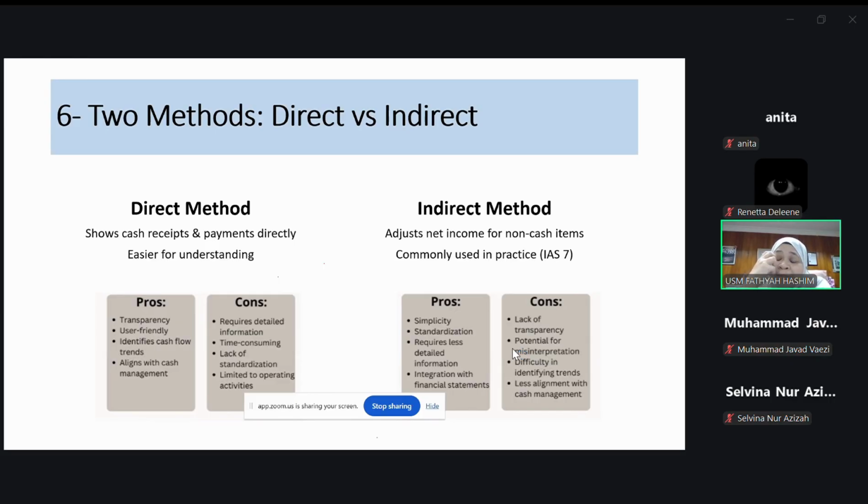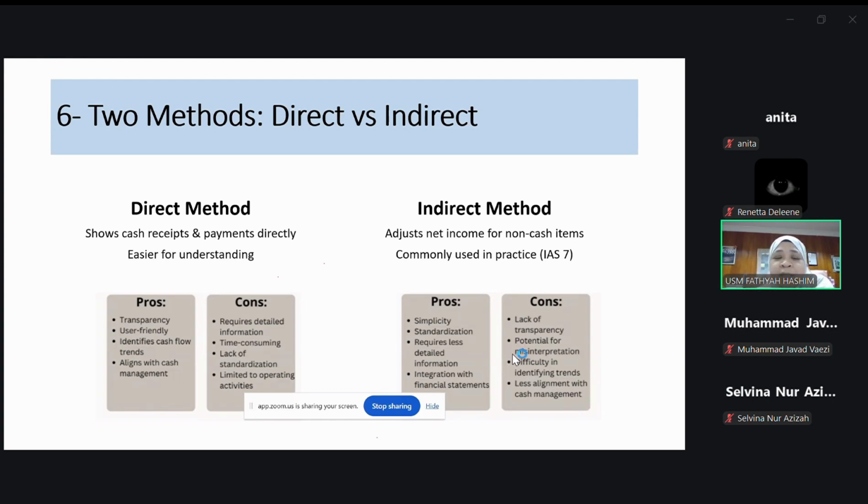So it is simpler, and it is standardized between years and also between other companies, because you are referring to quite similar items from the other two statements.